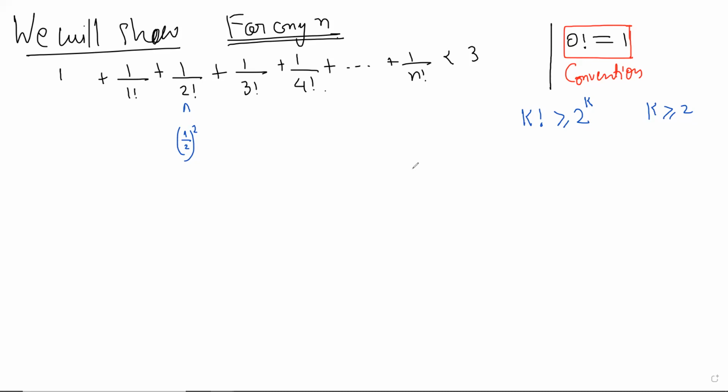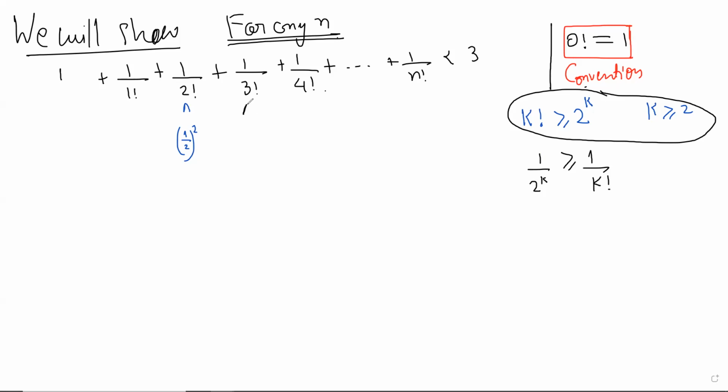So can we try to use this inequality? All of us agree, right? Okay. So how can you use this? You want to use it in a way that 1 by 3 factorial, 1 by 4 factorial goes on the lesser side. So if you use it, then what do you get?